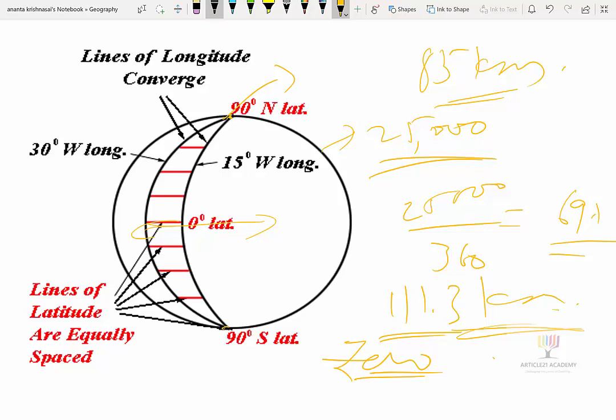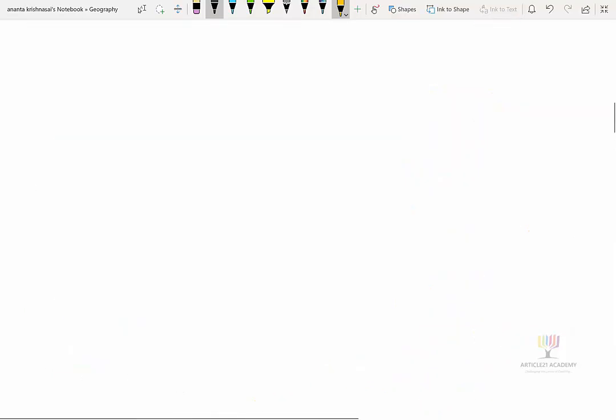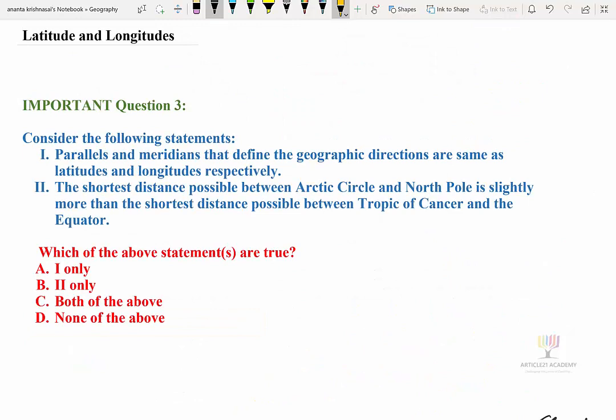Now if you look at the two statements which are given above, you find that the first statement, that the parallels and meridians that define the geographic directions are the same as latitudes and longitudes, is wrong because of the conceptual difference that they have.